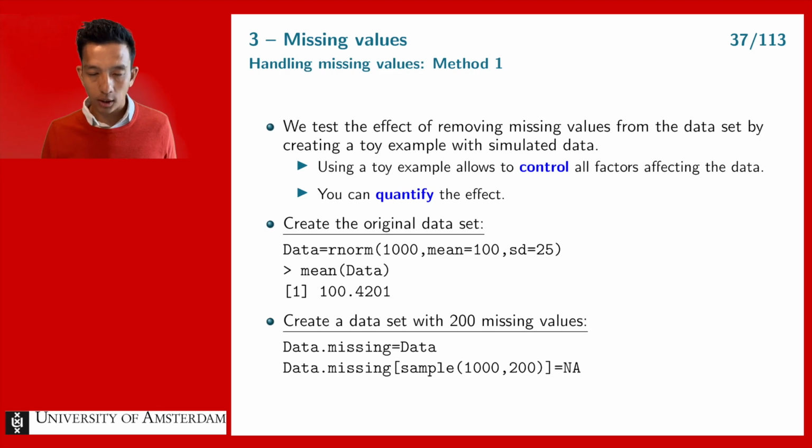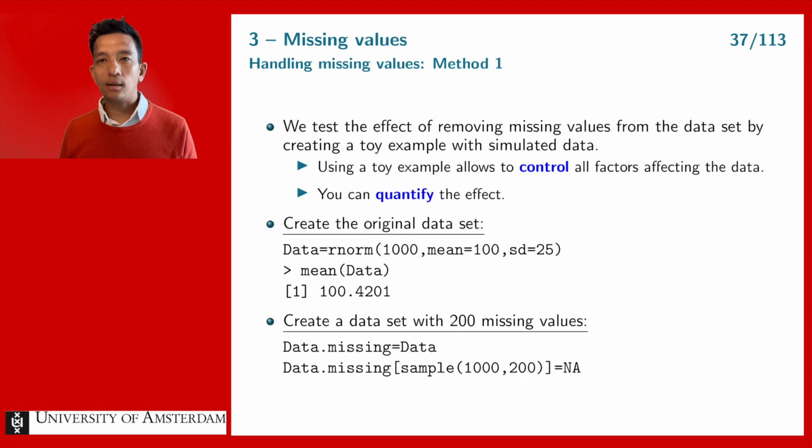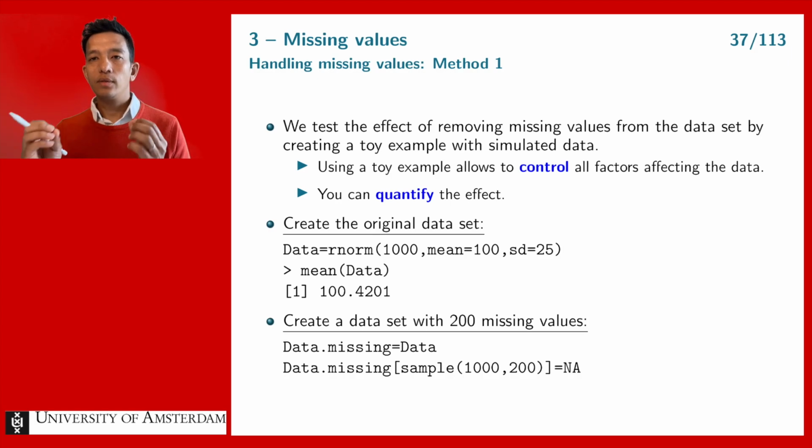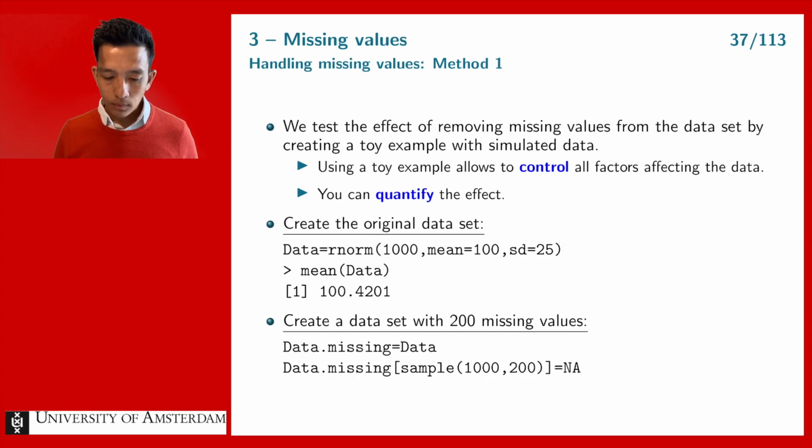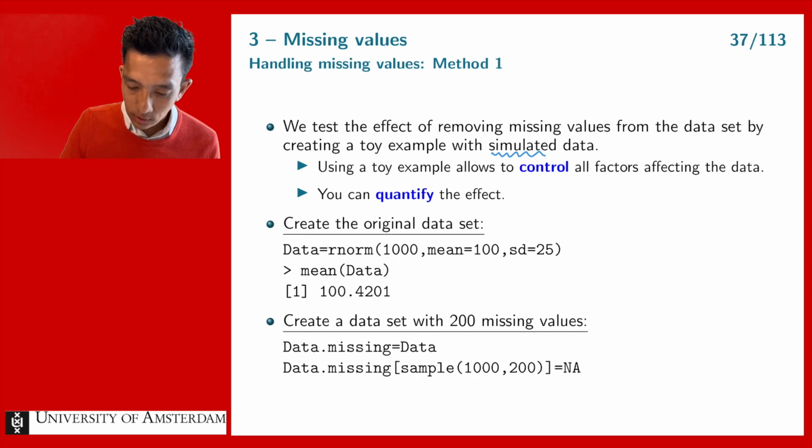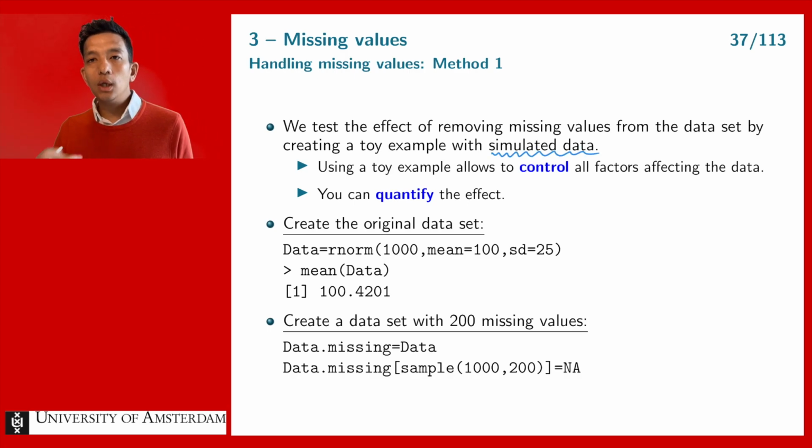Therefore, we will do something else. We are not going to illustrate how the methods work on real data sets. Instead, we will work with synthetic data sets that we created. And the advantage is the following. If we simulate our own data, then we know exactly what is going on.